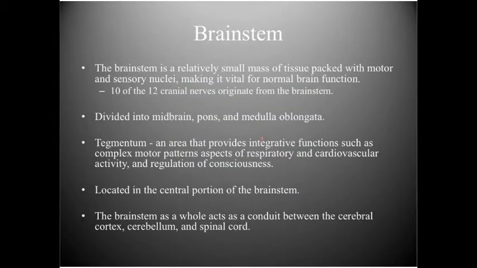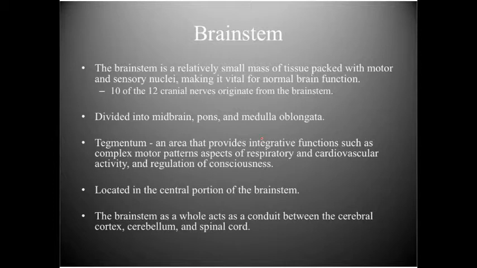So that brings us to the brainstem. The brainstem is a relatively small mass of tissue packed with motor and sensory nuclei, making it vital for normal brain function. Ten of the 12 cranial nerves originate from the brainstem. It's divided into midbrain, pons, and medulla oblongata. The tegmentum is an area that provides integrated functions such as complex motor patterns, aspects of respiratory and cardiovascular activity, and regulation of consciousness.